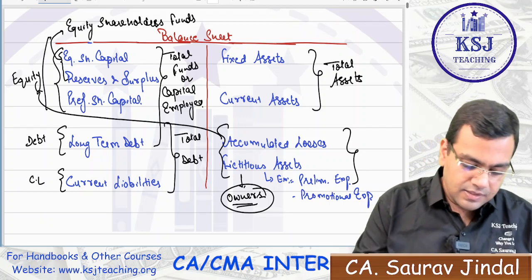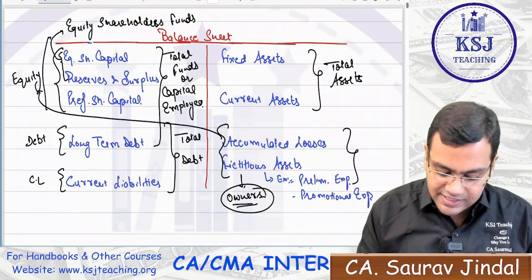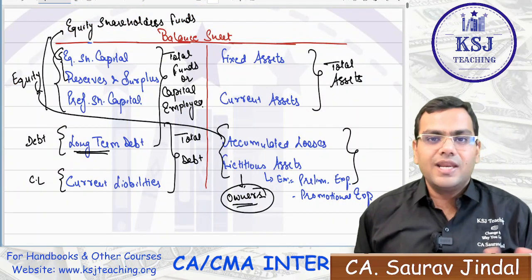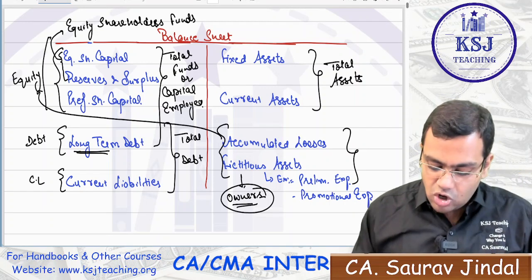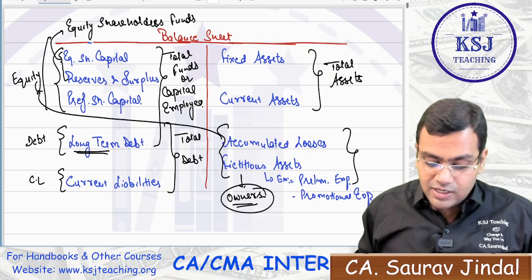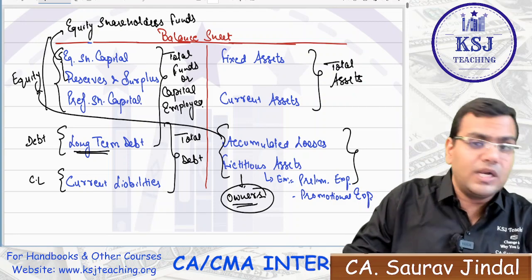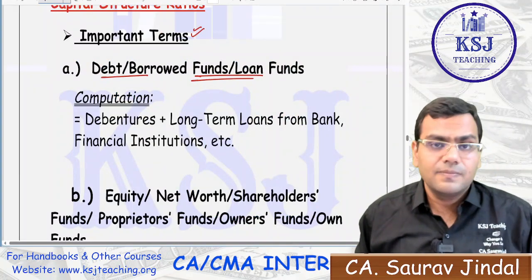Let's see. What is debt, or the borrowed funds or the loan funds? Debt is the long-term debt. How can you calculate it? If the long-term debt is given, simple. Or total debt minus current liabilities will give you long-term debt, or capital employed minus equity will again give you debt.